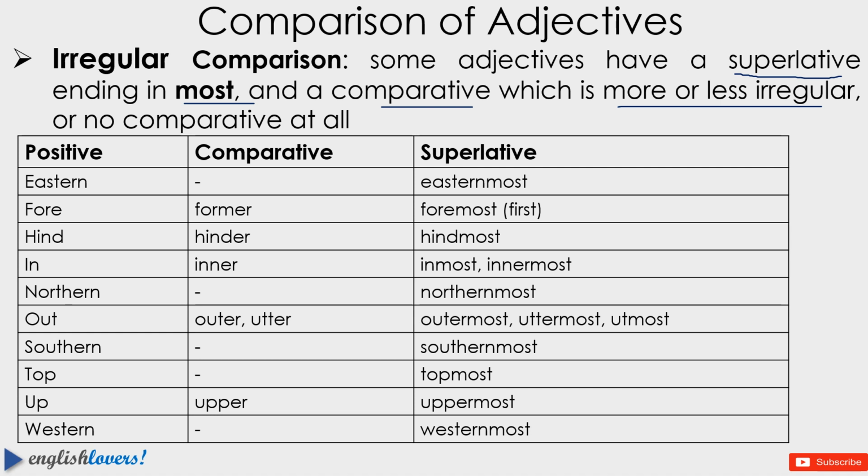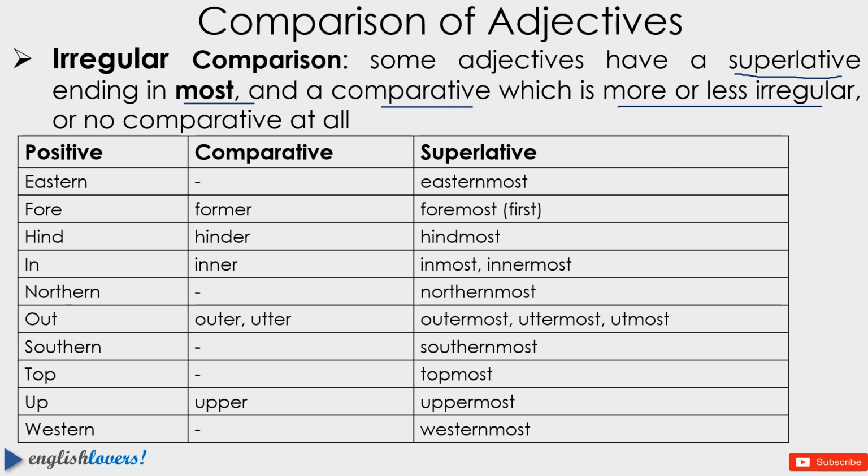Then hind. In positive it is hind, in comparative it is hinder, and in superlative it is hindmost. Next is in. In positive it is in, comparative inner, in superlative there are 2 forms and they are inmost and innermost.